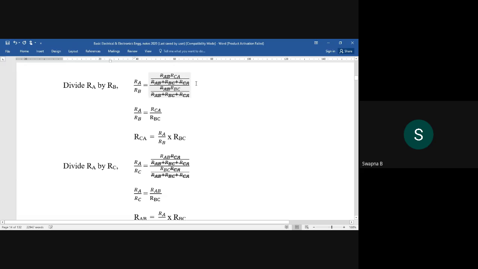Okay, now both denominators will be same, hence get cancelled. In the numerator, Rab, here also Rab is present, so that Rab is also cancelled. So we will get Ra by Rb is equal to Rca divided by Rbc.